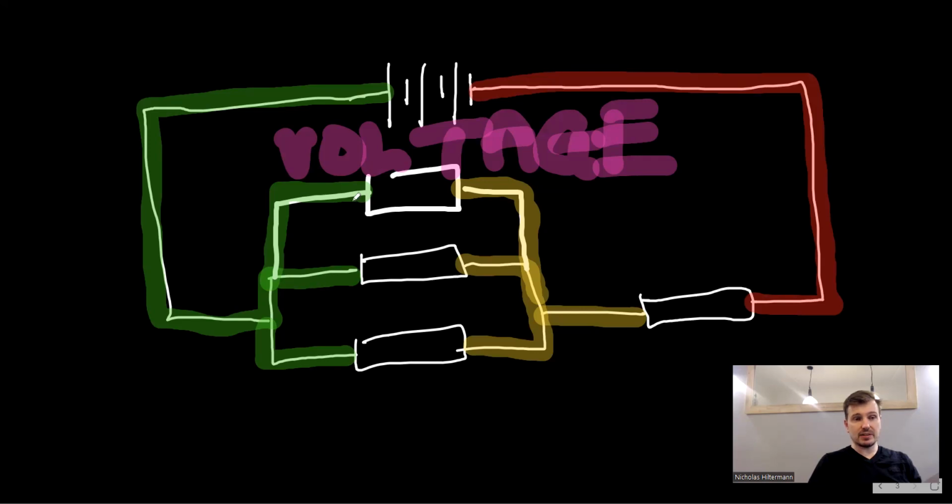Whereas the current could be different on each one of these little resistors, and the size of the resistor will determine how much the current splits. Because the voltage is the same on all three of those, and the resistors might be different, you know that the current has to be different because the voltage won't be. Does that make sense? Yeah, it does make sense.